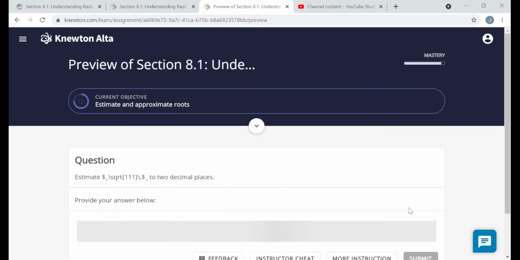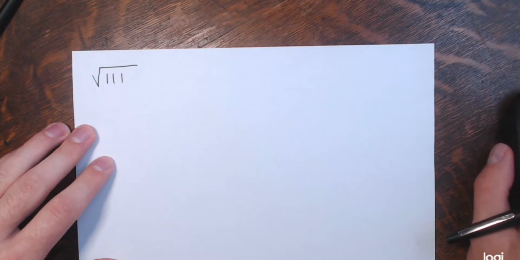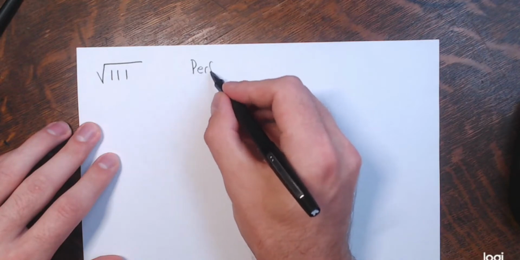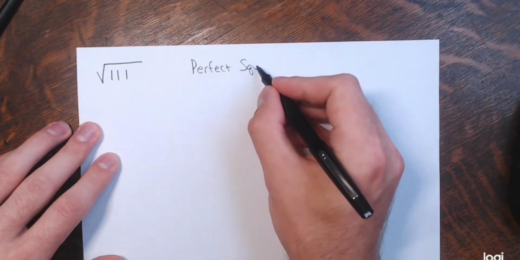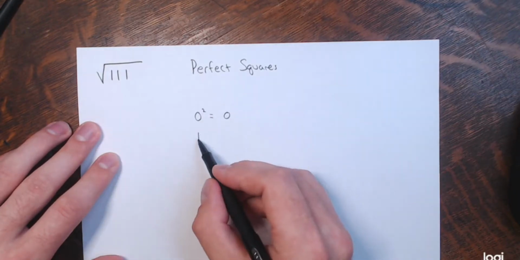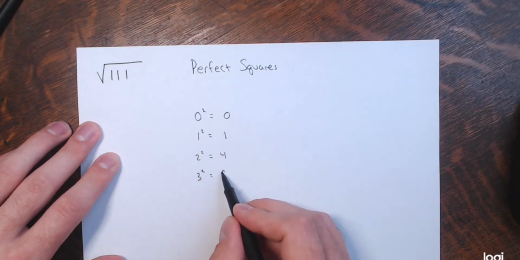And then lastly, another one of these estimate and approximate roots. Let me write this out, and we'll talk about what whole numbers this is between again, because this is actually a square root. So I have the square root of 111, so I'm going to be thinking about perfect squares. 0 squared is 0, too small. 1 squared is 1, 2 squared is 4, 3 squared is 9.